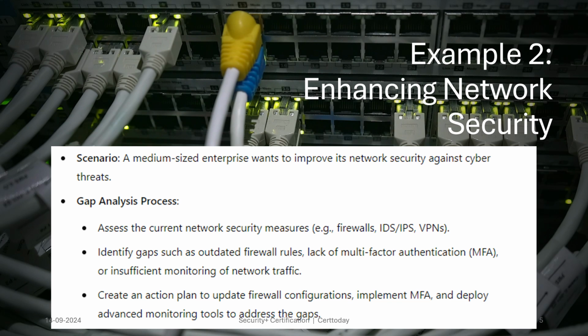One, assess the current network security measures like firewalls, IDS and IPSs, VPNs, etc. Two, identify gaps such as outdated firewall rules, the lack of multi-factor authentication or MFA, or insufficient monitoring of network traffic. And three, create an action plan to update firewall configurations, implement MFA, and deploy advanced monitoring tools to address the gaps.